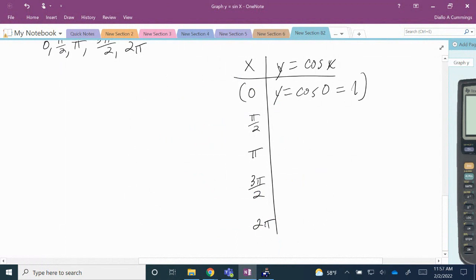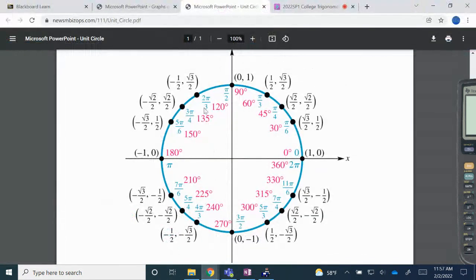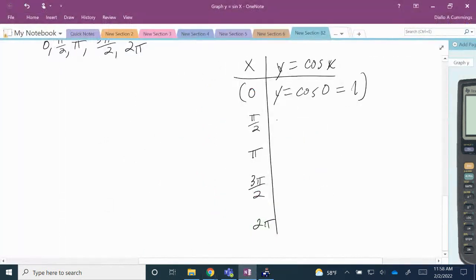Next, we can find the cosine of pi over 2. Right, so if we find pi over 2, cosine is the x coordinate, so we have 0. The cosine of pi, right, is negative 1. The cosine of 3 pi over 2.